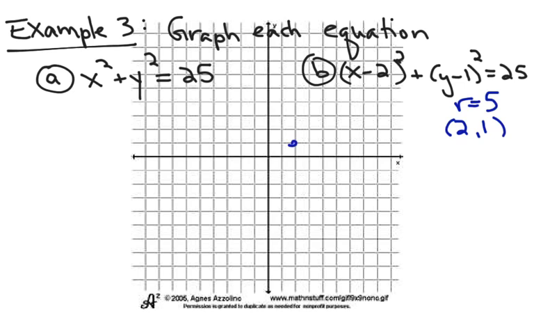So we're going to start here at 2, 1 and do the exact same thing I did in the last example, which is I'm going to go 5 units to the right, 5 units to the left, 5 units above, and 5 units below. And then here's my circle.